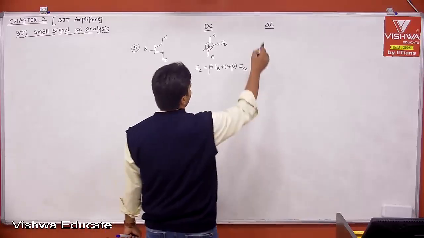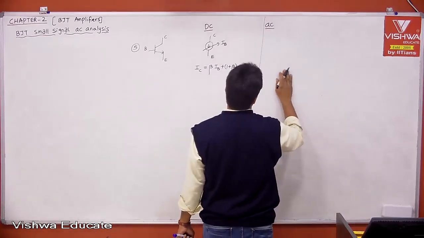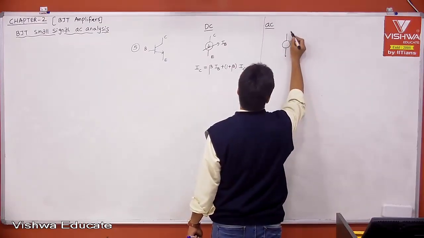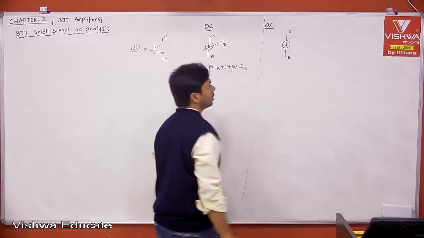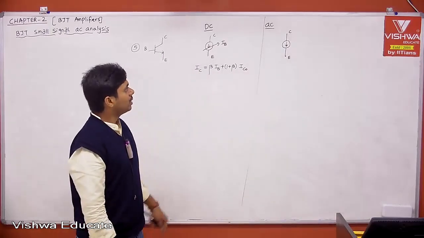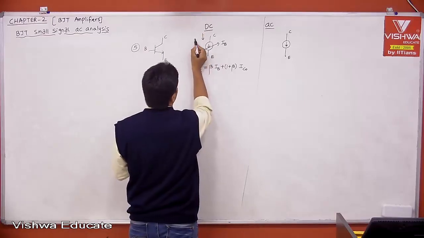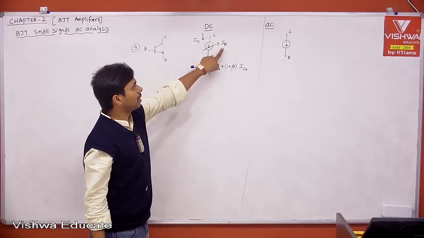Now coming to the AC analysis part. Therefore, now tell me what is this? Let us say this is C and then E, it is also a current source. During AC, remember the earlier one is capital IC, because I am representing capital IC, capital IB.